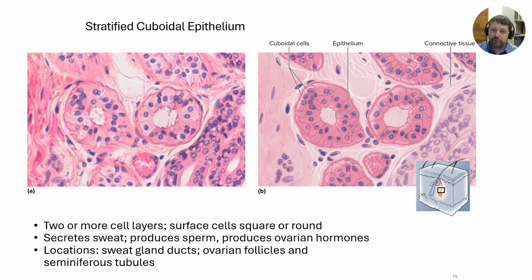Cuboidal, again, remember, about the same width as height. Stratified, you can have multiple layers within it. Sometimes it looks like they're single, and other times there might be multiple. But lots of regions of the body would have that kind of cell.